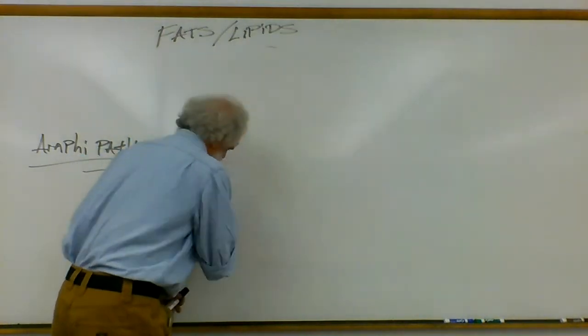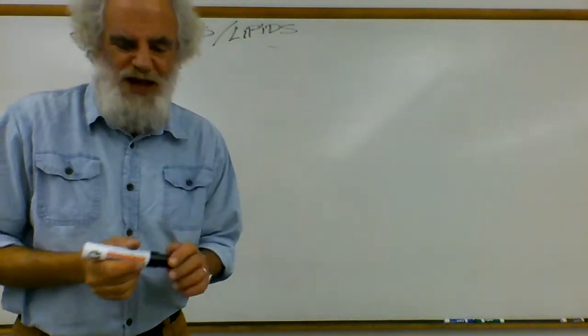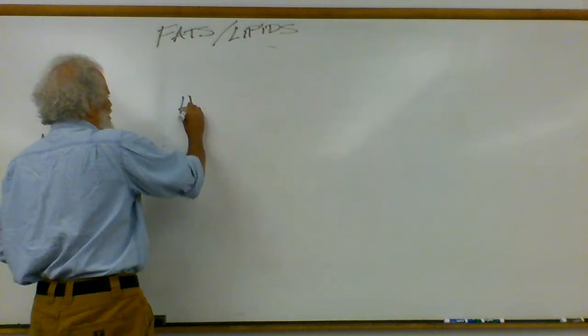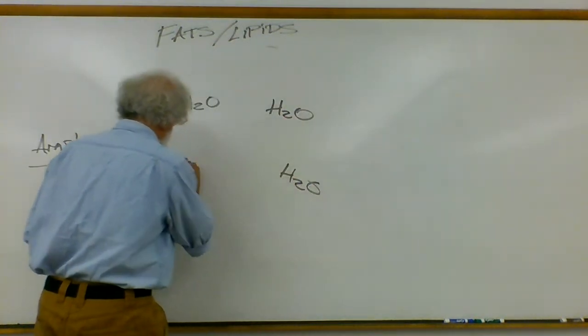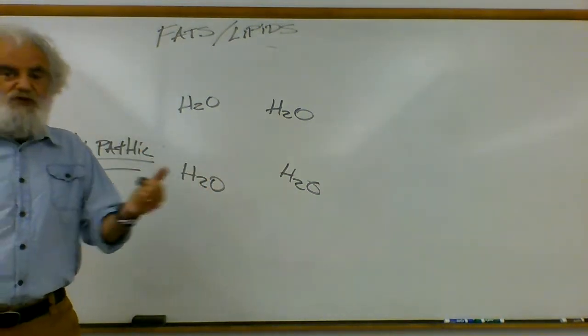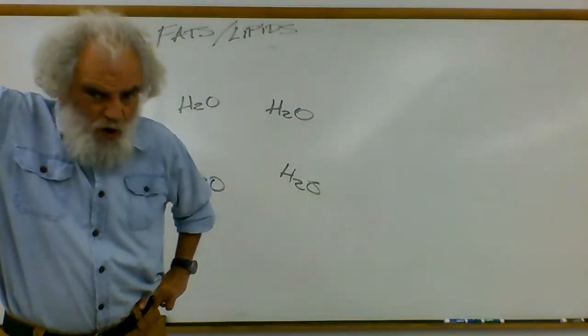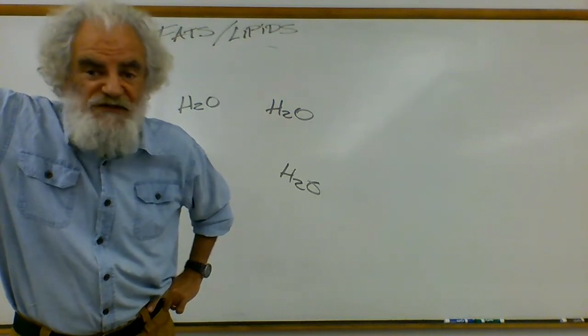If you mix an amphipathic molecule in water, watch what happens. We got water floating around here, very polar. And then we mix in egg yolk. You can actually just do this as a thought experiment. Take an egg, and the yolk is all phosphatidylcholine, all lecithin. It's all this phospholipid.